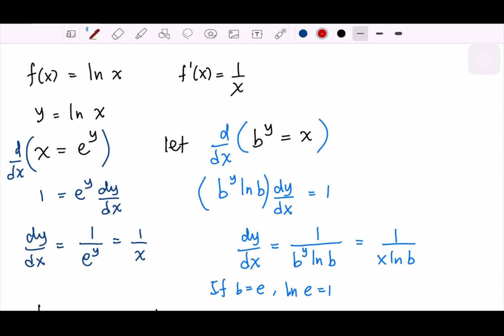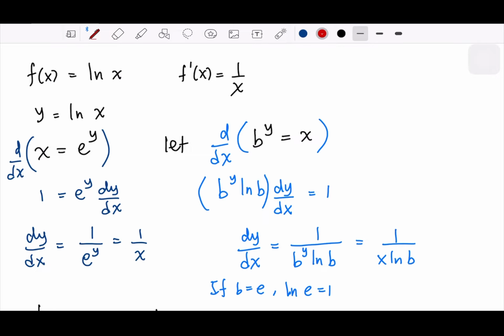Okay, so if we are using the logarithm, the natural logarithm ln, and using implicit differentiation, imagine this ln becomes the e.